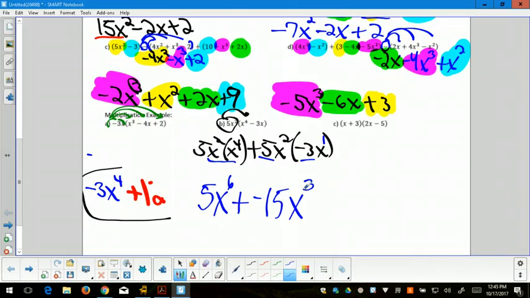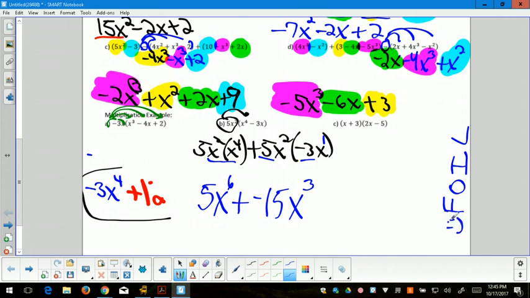Those of you who have heard the term FOIL before, FOIL stands for firsts, outside, inside, lasts. It's not going to do a ton of good. It'll help you for letter C, where we have 2 binomials. If we're doing the product of 2 binomials, FOIL is our friend.